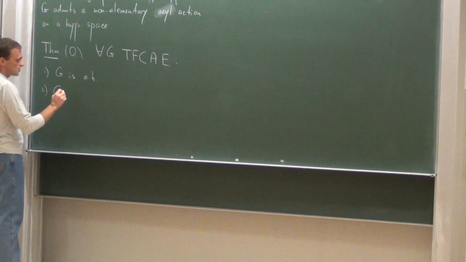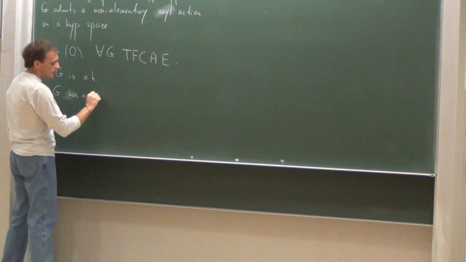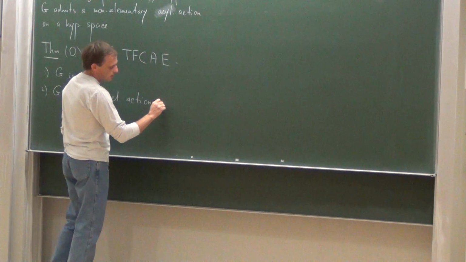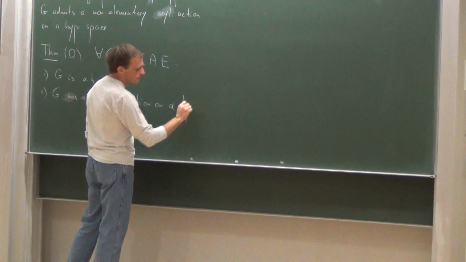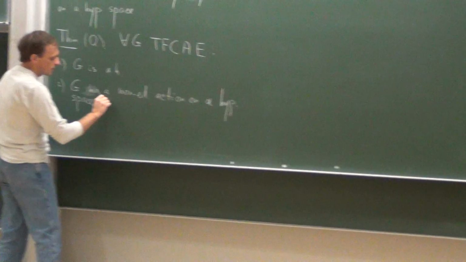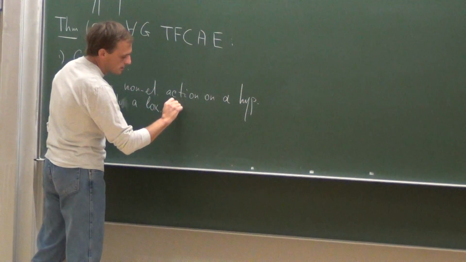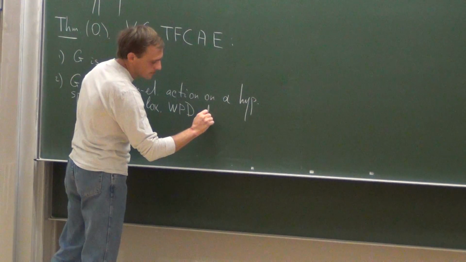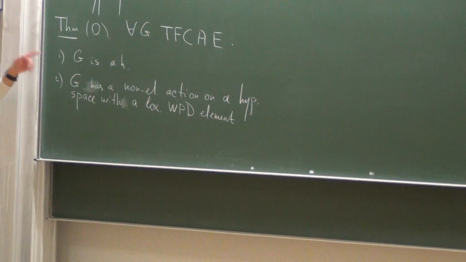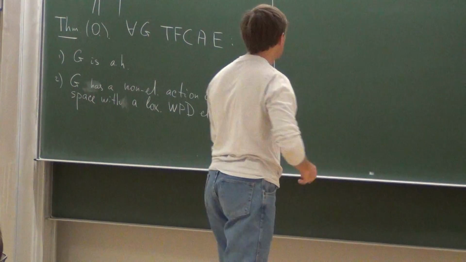Second, G acts as a non-elementary action on a hyperbolic space with a loxodromic WPD element. And let me stop writing the theorem and explain what WPD elements are, although you already have this definition.